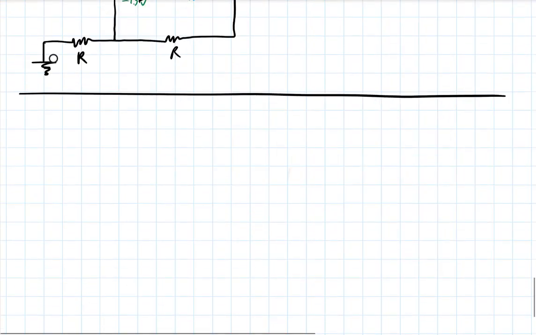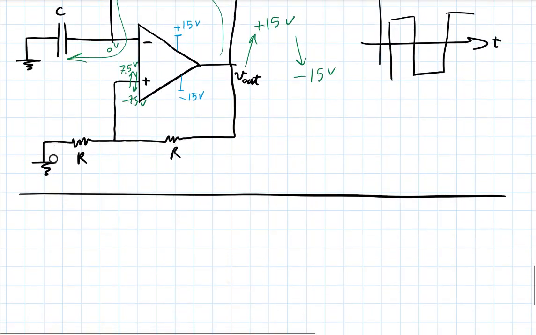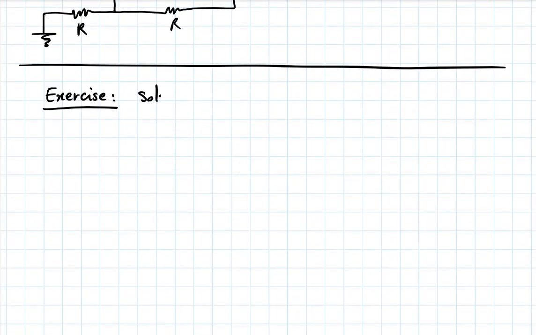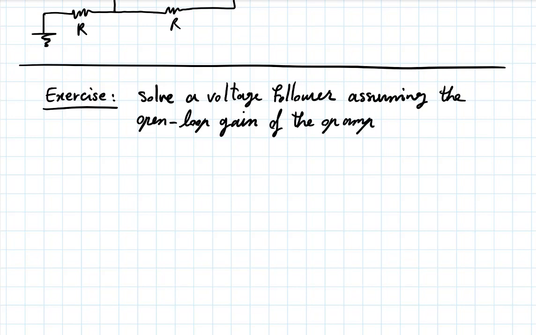To get a feel for that, I will give you a small problem to work on at home. Solve a voltage follower assuming the open loop gain of the op-amp to be A, not infinity.